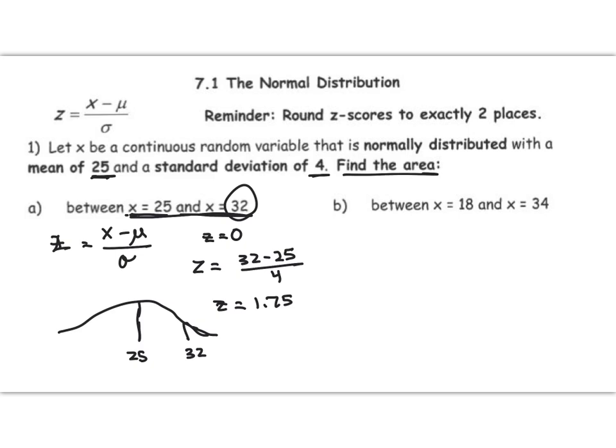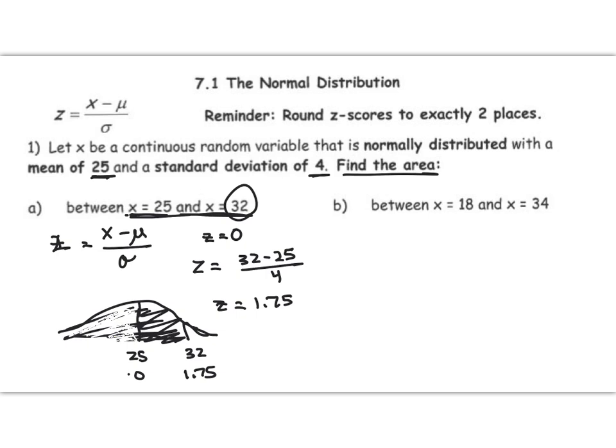So I'm looking for this area between 0 and 1.75. That means that I need to find the area to the left of 1.75, and then I'm going to subtract the area to the left of 0. Without looking it up in the table, what is the area to the left of 0?